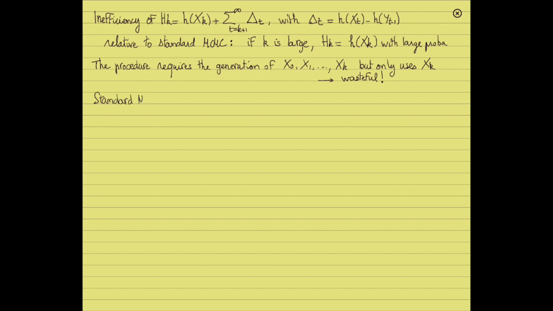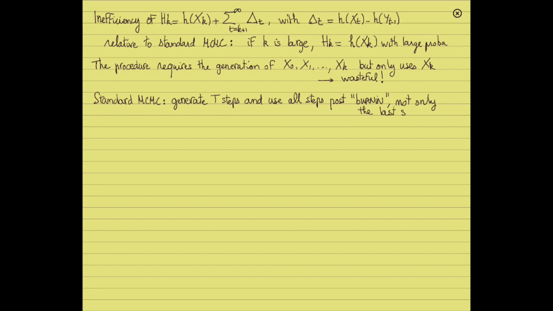And we compare to standard MCMC. In standard MCMC, we generate, say, capital T steps using our Markov kernel, and we employ all the steps in our final estimate, at least all the steps post burn-in, so after the initial discard of some steps, we employ all the subsequent steps.